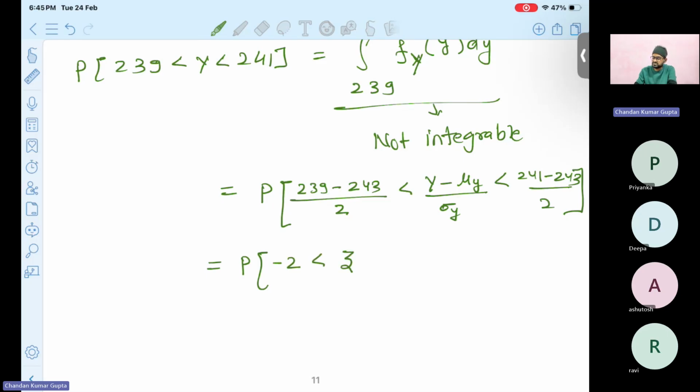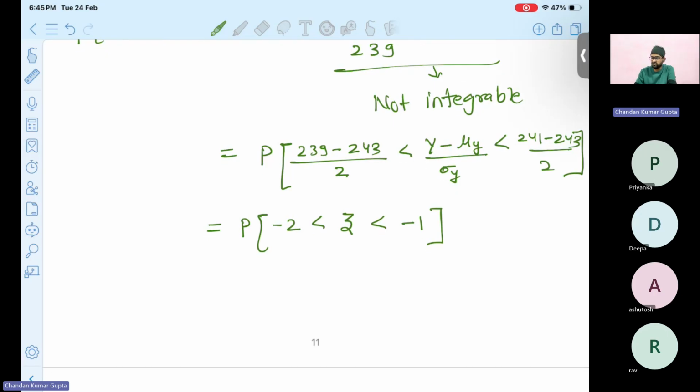And 241 minus 243 is minus 2, divided by 2 gives minus 1.